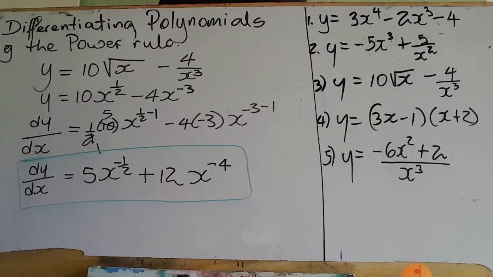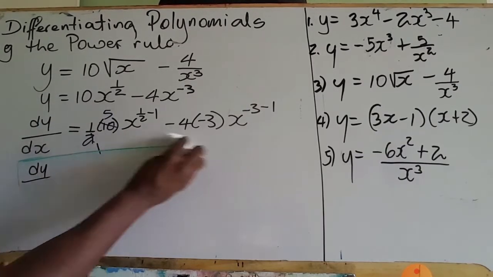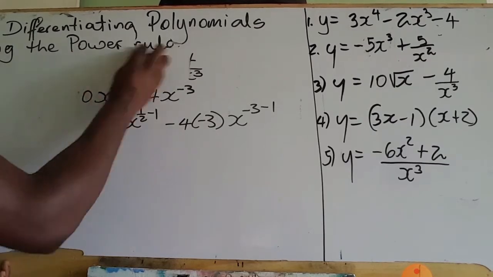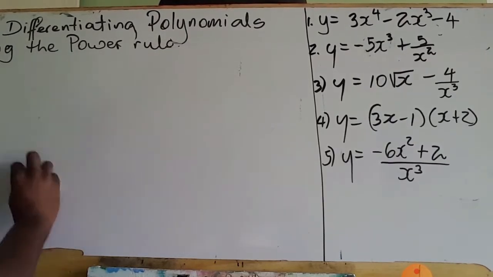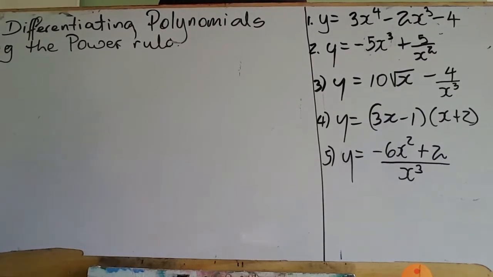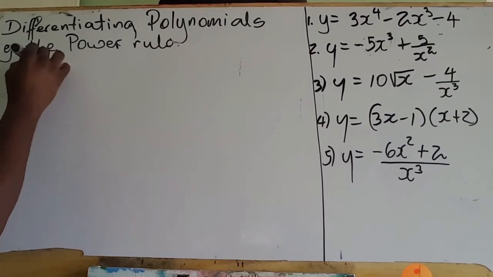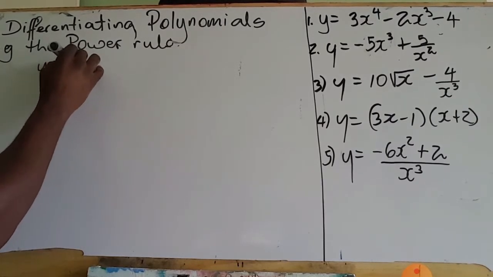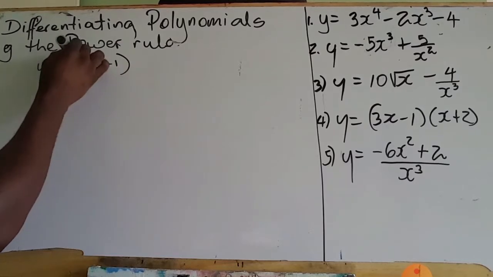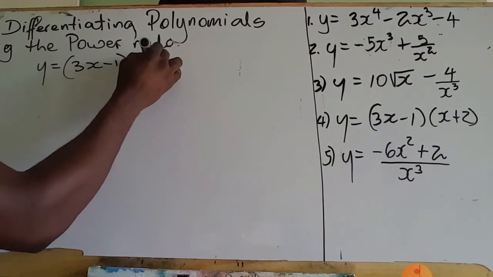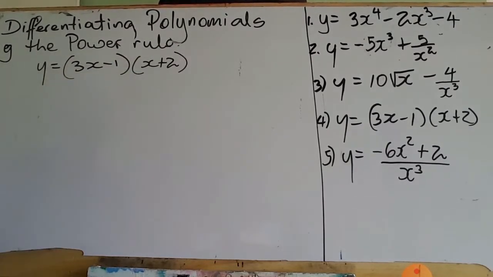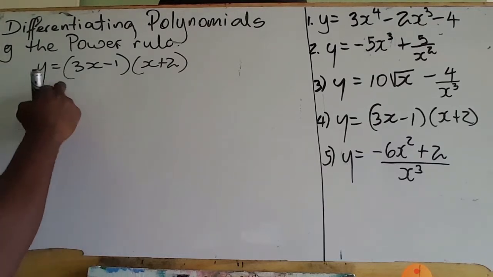There are times when we have two binomials multiplying. We could also turn this into power, so we could apply the power rule. So let's look at another case. Number 4. Y is equal to, open bracket, 3x minus 1, close bracket, open bracket, x plus 2, close bracket.